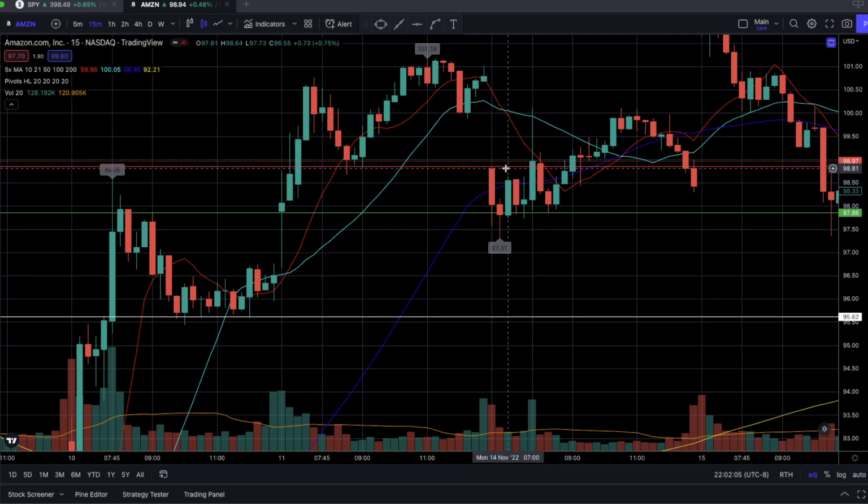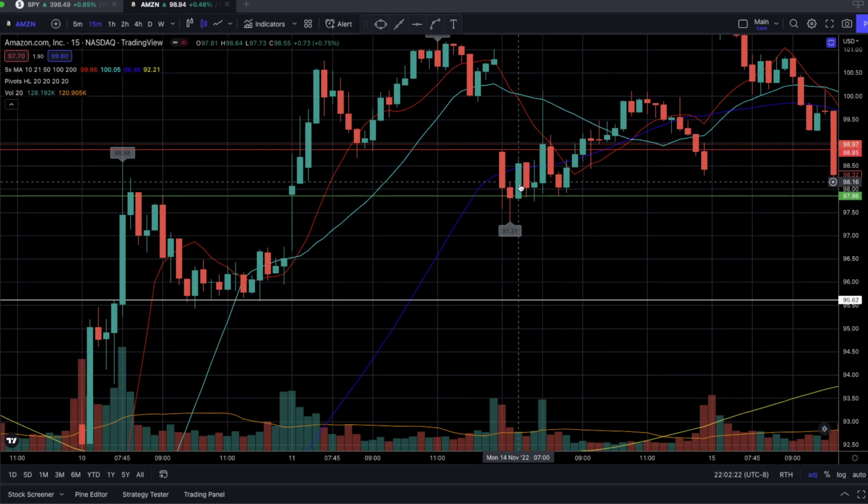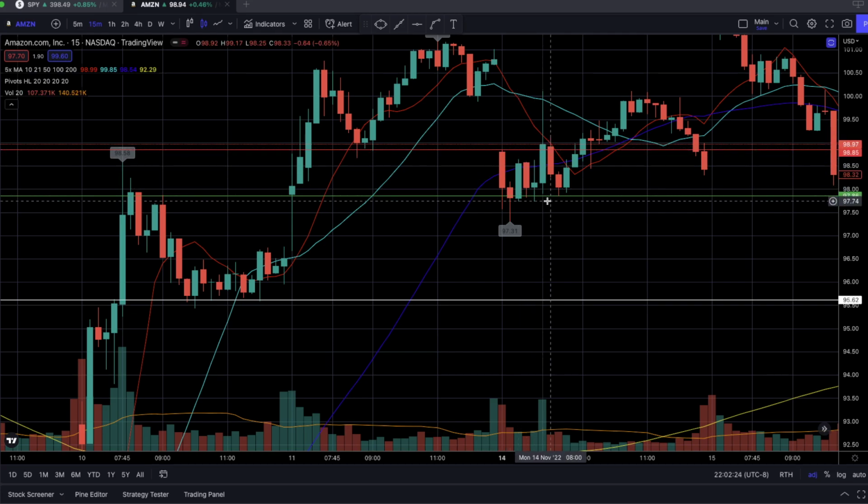And this resistance level was at 98.85. Now, just like we did for the support here, we can round up the 98.85 level of resistance to 99 for simplicity.